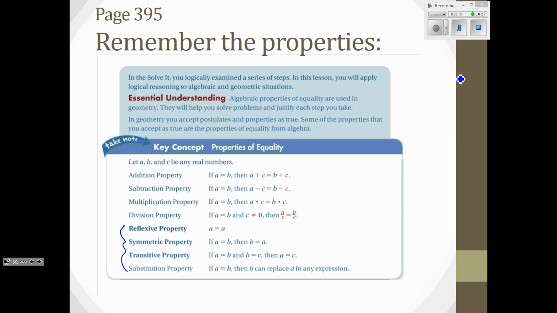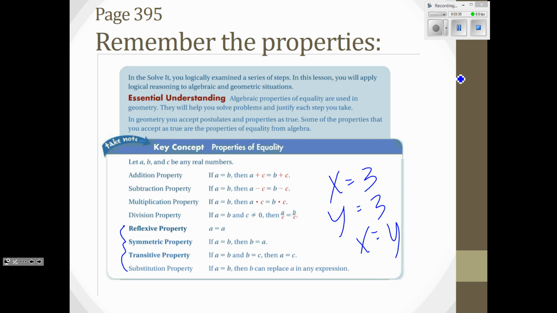One example of this is if I know that x is equal to 3, and that y is equal to 3. If I know both of those things, what else do I know? That x is equal to y, right? That's what the transitive property is saying.